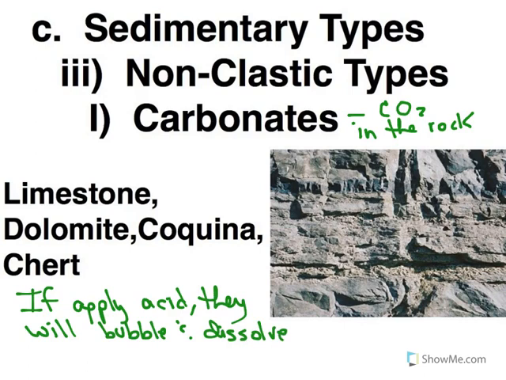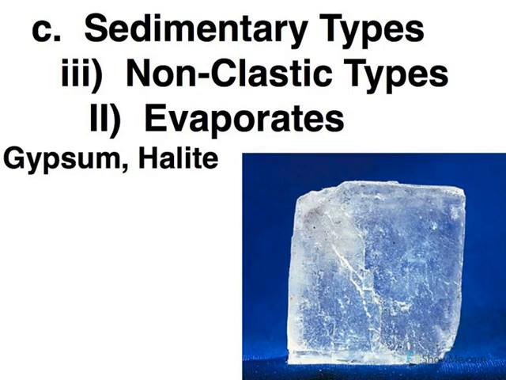And what they release in the bubbles is the carbon dioxide. Limestone is a key example of that. Dolomite, coquina, chert, all of those have some carbon dioxide in them. So that is a carbonate sedimentary rock, non-clastic.